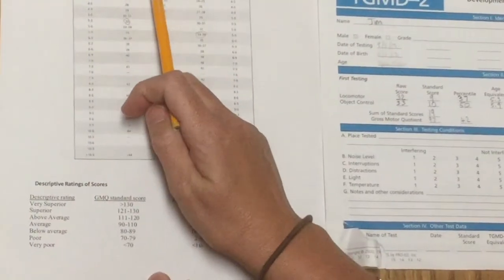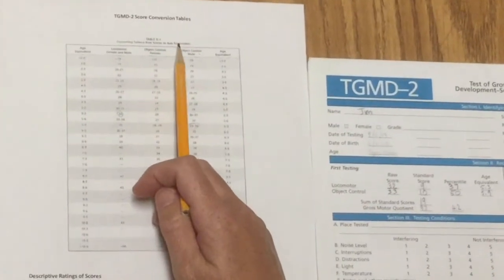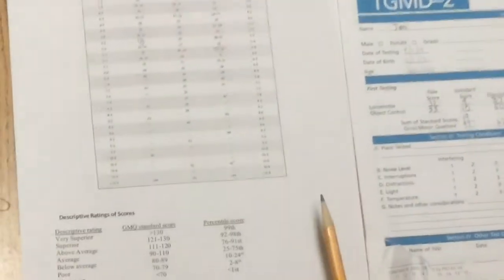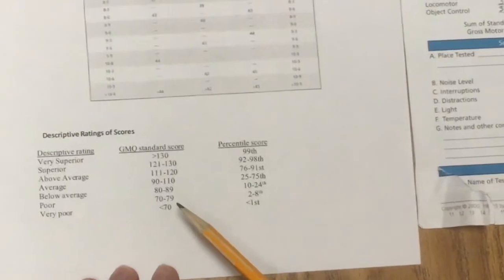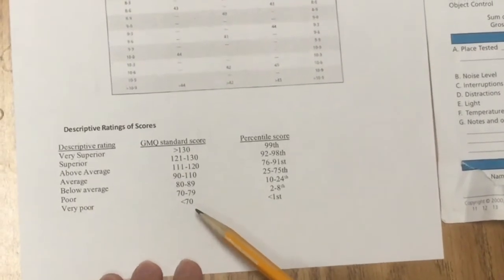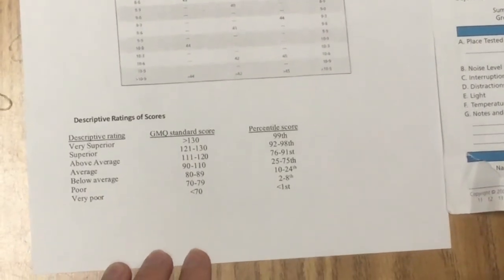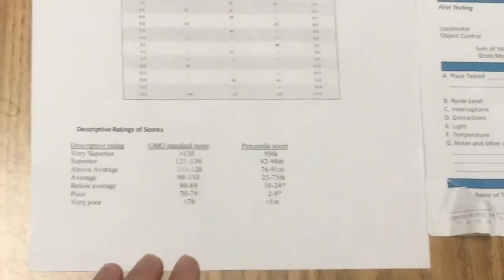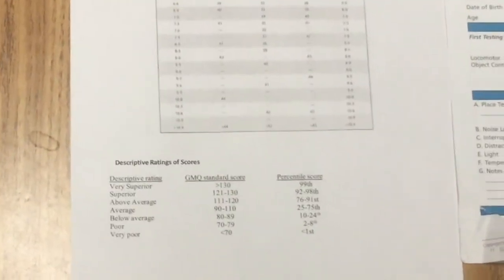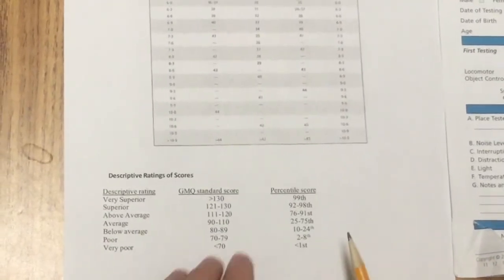On the converting subtest raw scores to age equivalents table, at the very bottom, there is a descriptive rating of scores. This can be very useful when giving information to parents about, is your child above average, average, below average.